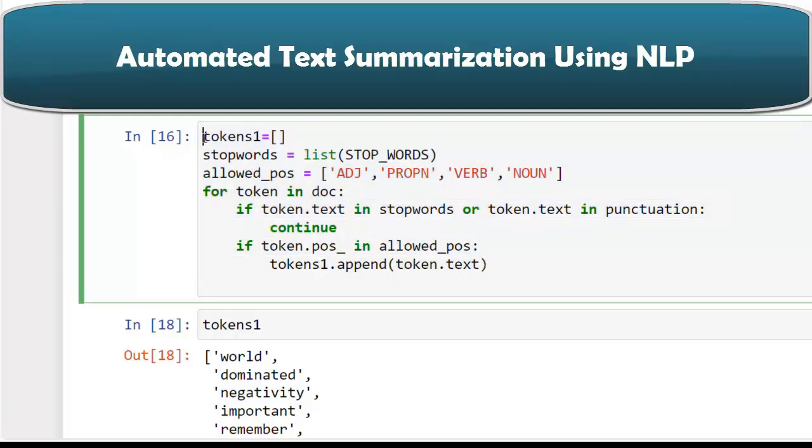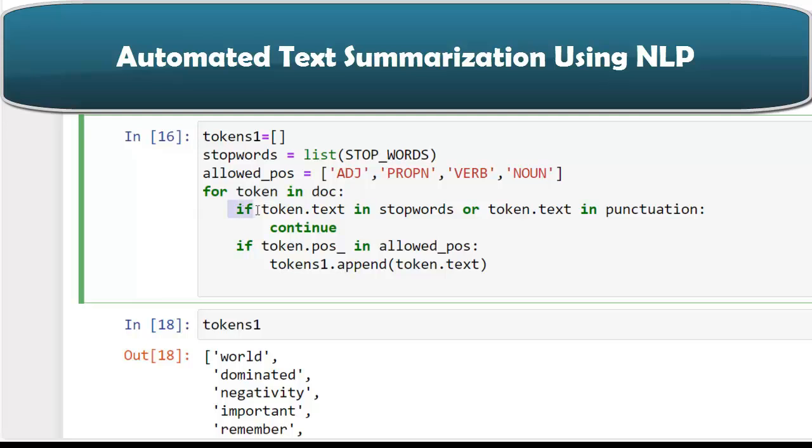As you can see here, we initialize an empty list named tokens1 to store the filtered tokens. Here we have created a list of stop words using the predefined set of stop words from spaCy that we have already imported. And here you can see another list of allowed POS tags, including adjectives, proper nouns, verbs, and nouns. Here we iterate over each token in the processed document, doc.